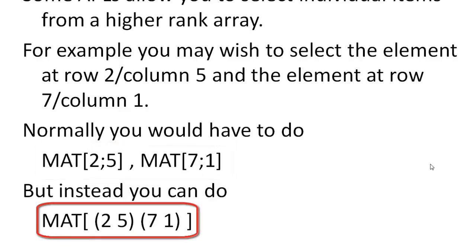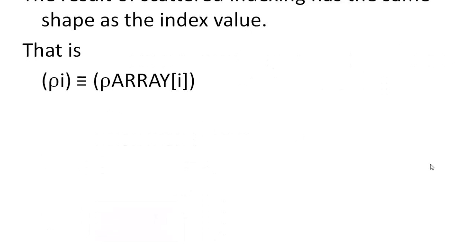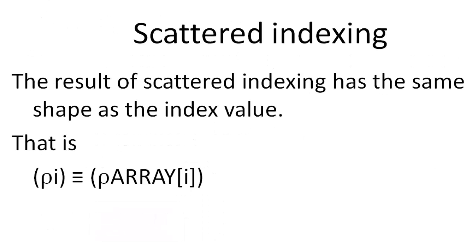But instead what you can do is say variable, and within brackets you put the indices of each row column pair. In this case, 2, 5 and 7, 1. The result of scattered indexing has the same shape as the index value, so that if I is the list of indices, then the shape of the result will be the same as the number of elements in I.